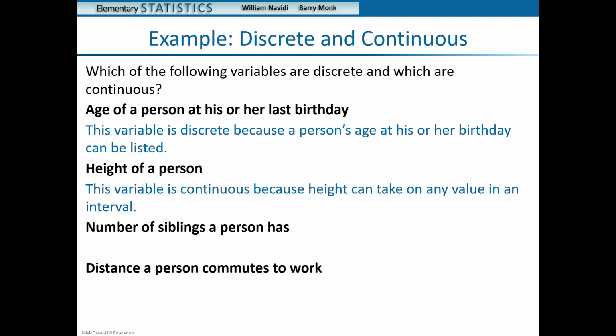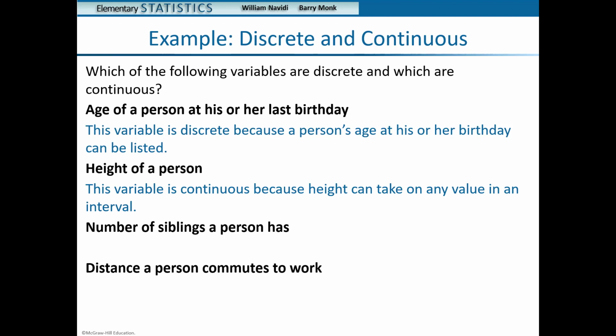Sure, there is an upper limit to how tall a person can be, maybe about 7 feet, but within a specific interval, there's an infinite number of possible values of what a height could be.